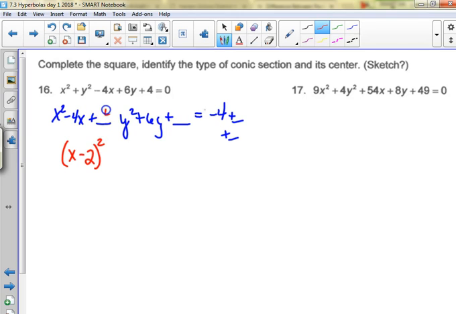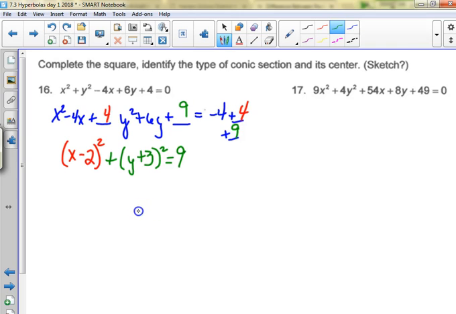X minus 2 squared with a plus 4. Okay, what about this one? Somebody? Squared with a 9. So what's on the right side? Negative 4 plus 9 is just 9.